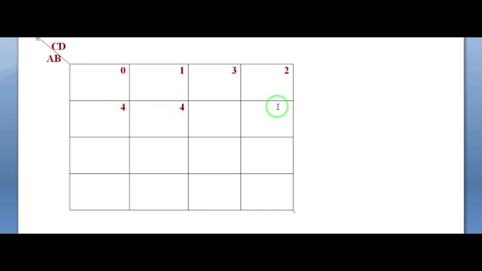So 5. Then here write 6. Okay, row number 2, column number 4. Then 7. So instead of going for row number 3, directly go for row number 4. So after 7, you will be having 8. So row number 4, column number 1 will be 8.